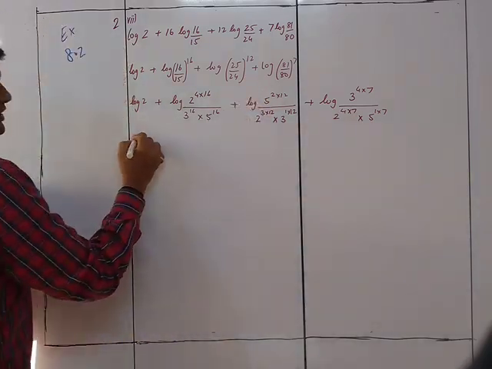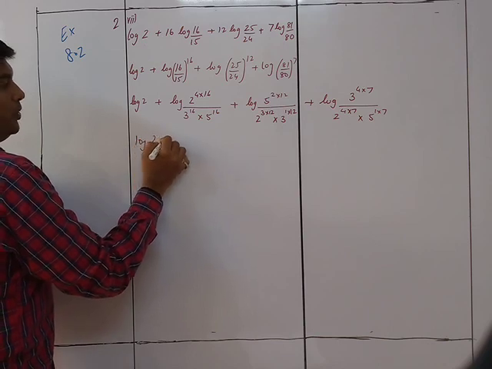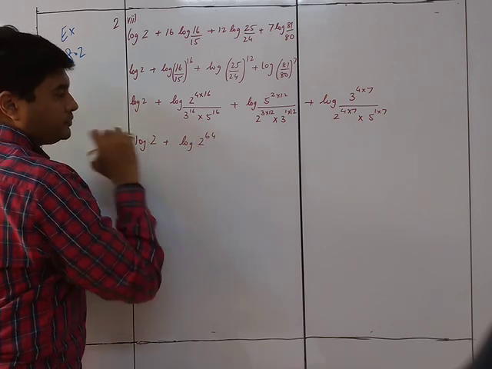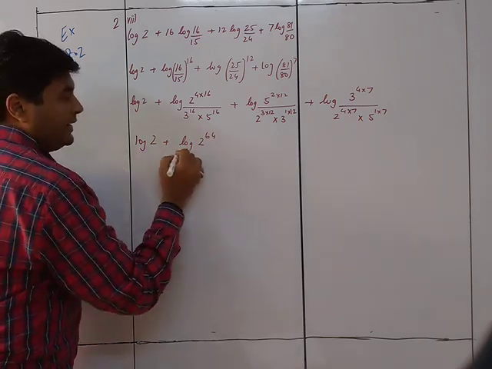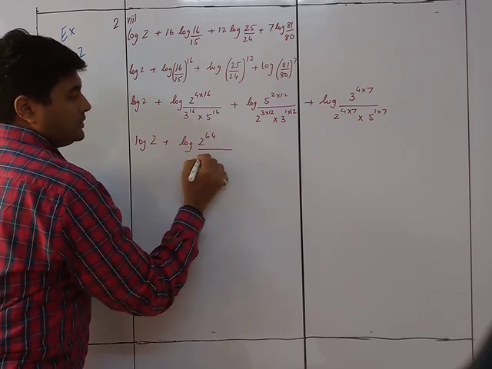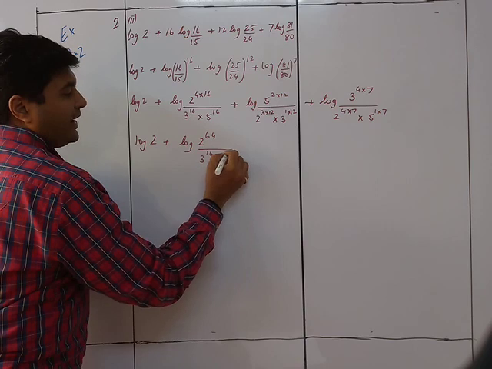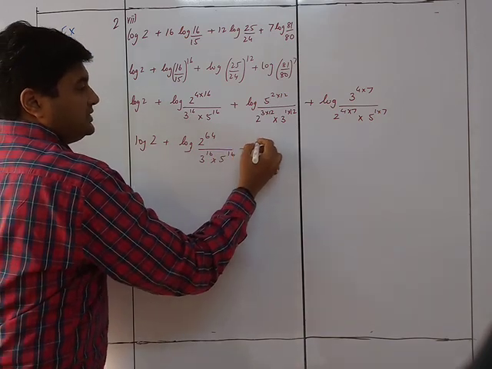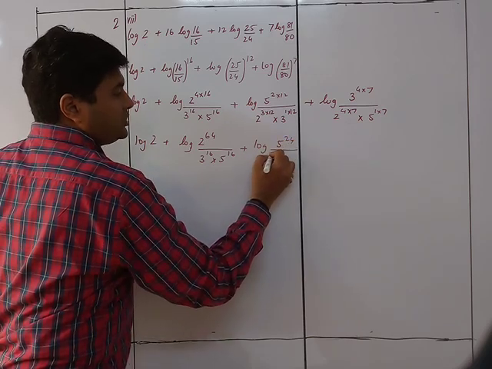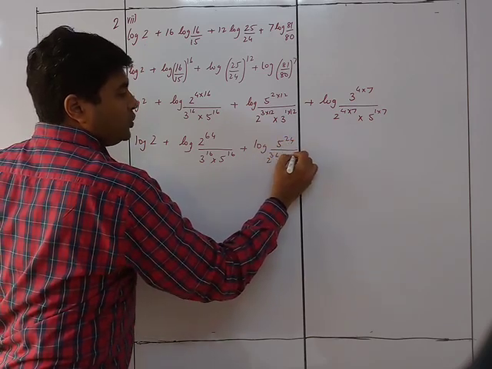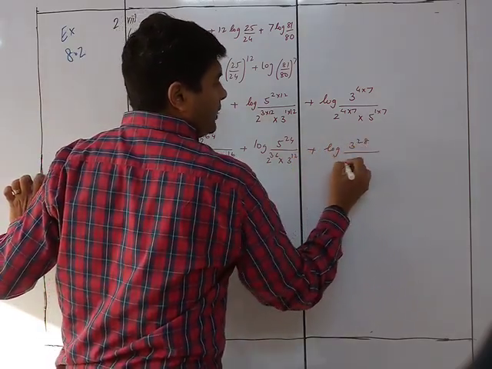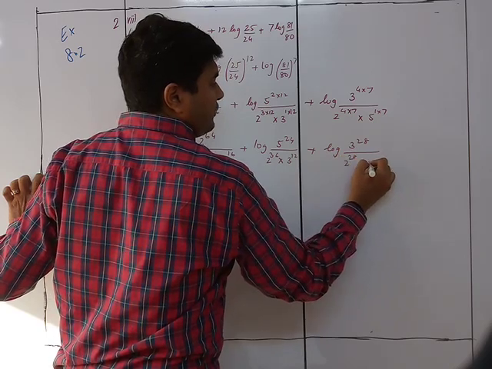Now, let's take this. It is log of 2 plus log of 2 raised to 64 upon 3 raised to 16, 5 raised to 16, plus log of 5 raised to 24 upon 2 raised to 36 into 3 raised to 12, plus log of 3 raised to 28 upon 2 raised to 28 into 5 raised to 7.